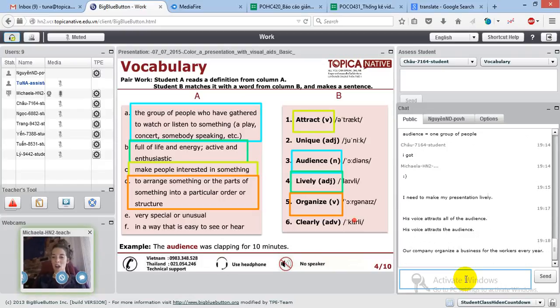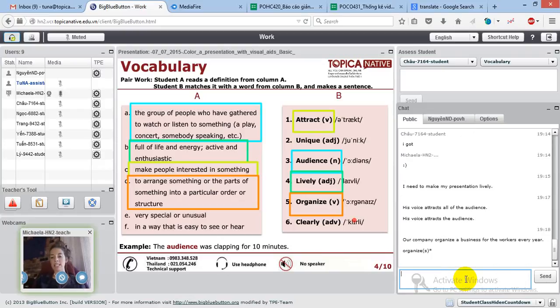So here, our company organizes with the S because our company, right? So it's like it. Or it, right?